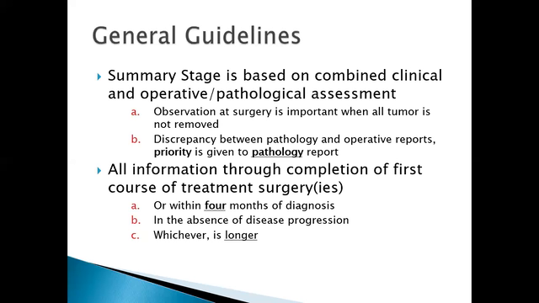The patient's identified to have colon cancer, they have their workup, they end up having a hemicolectomy surgery. That's it. That's the information we use, because they've done the workup and they've had surgery.